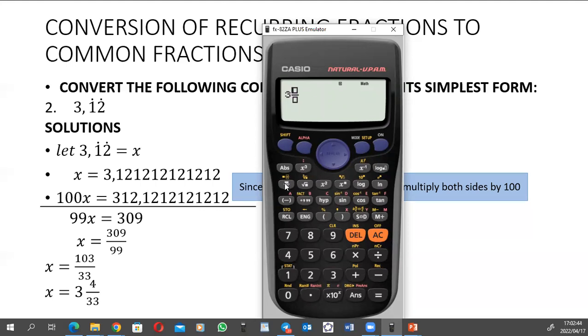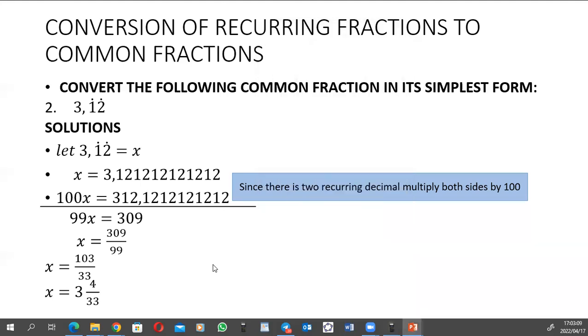Numerator square, you will put 4. Denominator square, you will put 33. And press equal sign. You see it's the same as 103 over 33. Press this change button to a decimal. So meaning that our common fraction is indeed correct.